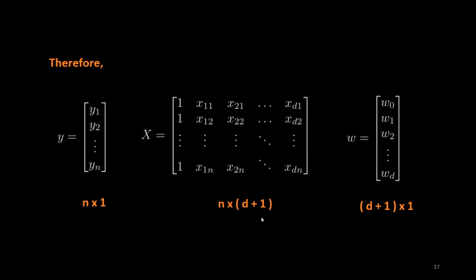Basically, in order to transform D into D plus 1, so that we can always perform the multiplication of the X matrix and W matrix, I have to append 1 in the first column of X. You see, previously this 1 was not present in the feature matrix. Now I have appended 1 at the first column of this matrix. Now one column has been added, so the column dimension of this matrix has increased from D to D plus 1.